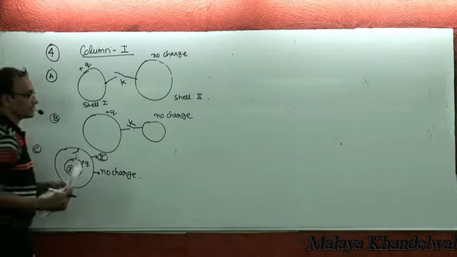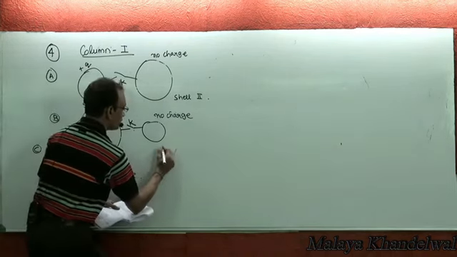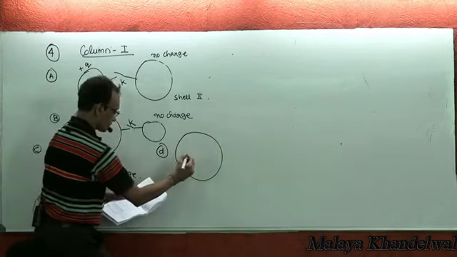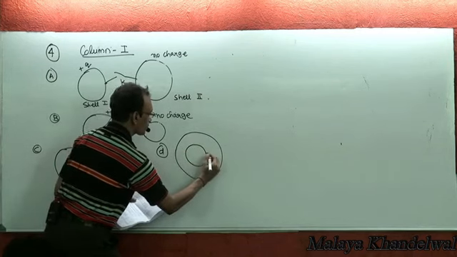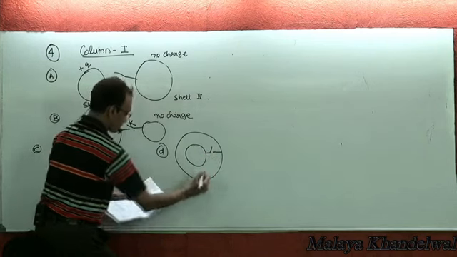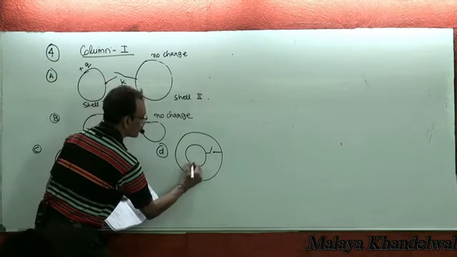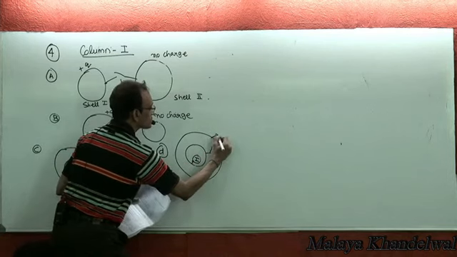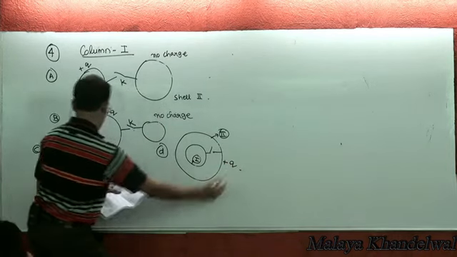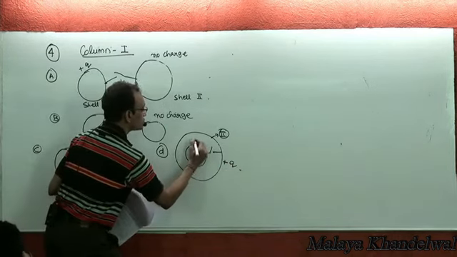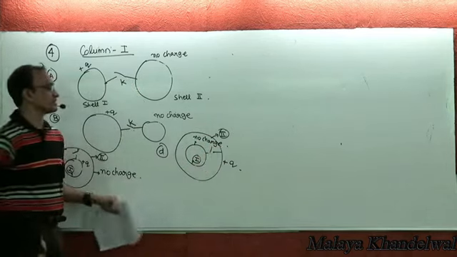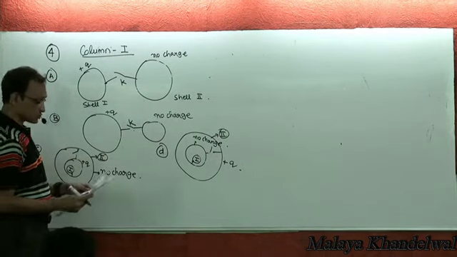This is C. And in D, this is shell 1, this is shell 2, and there is plus Q on this, and there is no charge here. These are the various situations.